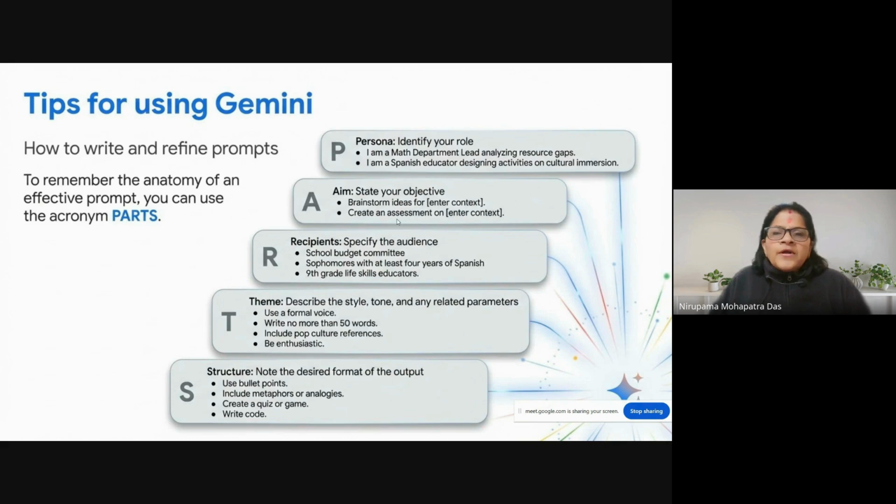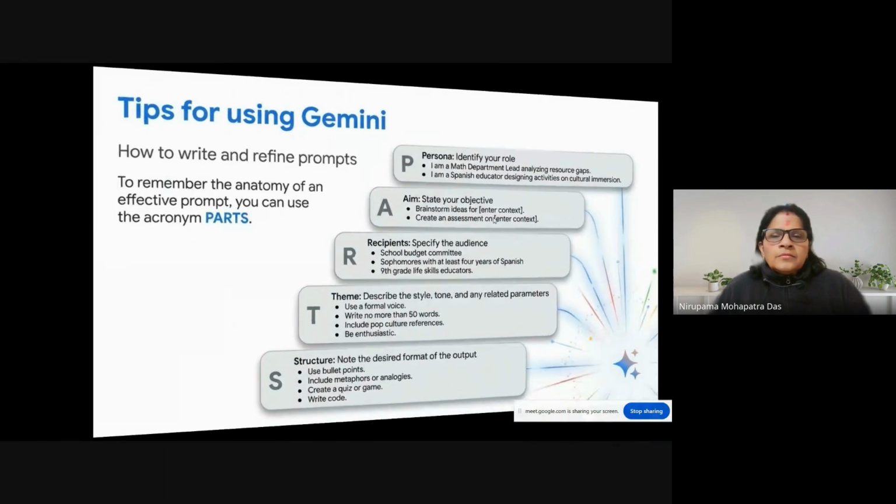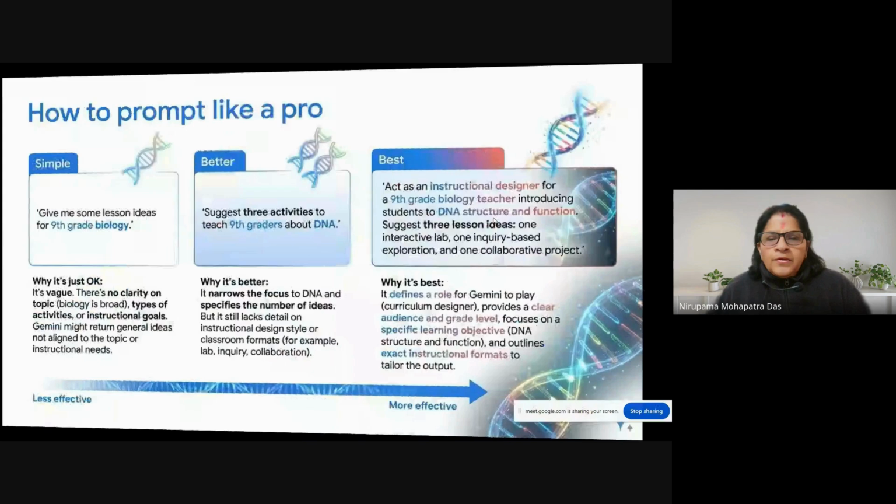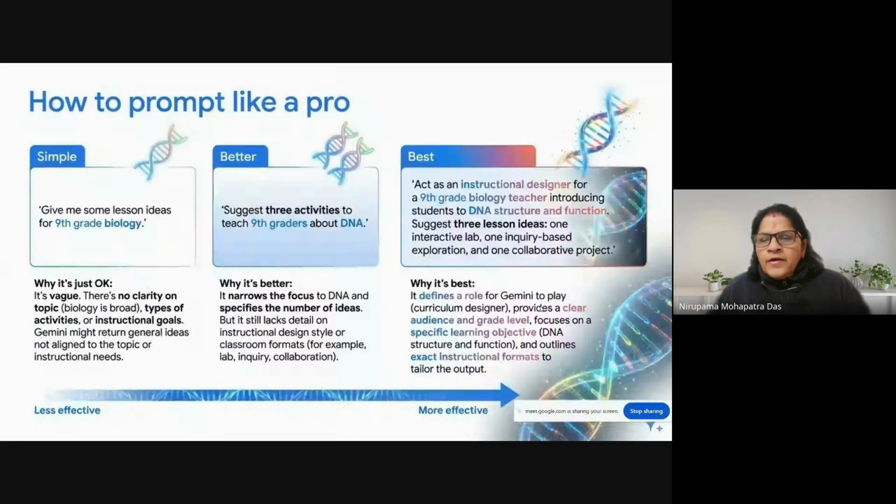A stands for aim, which means your objective. So brainstorm ideas for whatever context you are giving, like in the previous case. The specific aim here means you want to create a specific learning objective, like DNA structure.